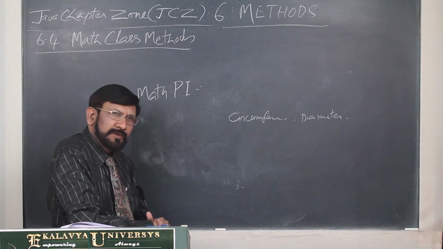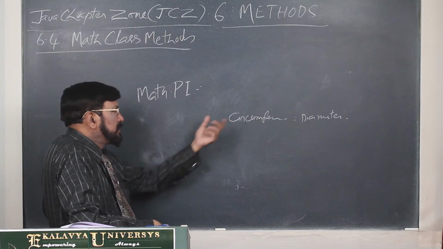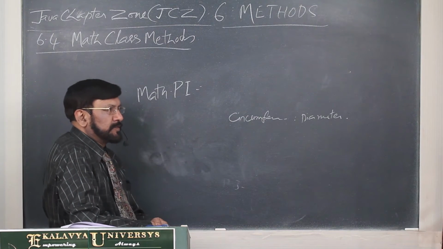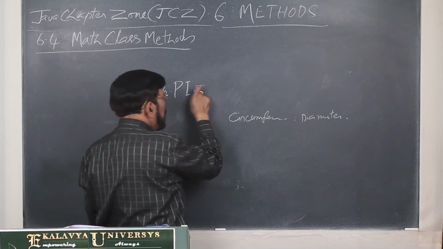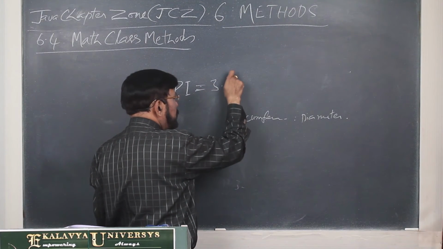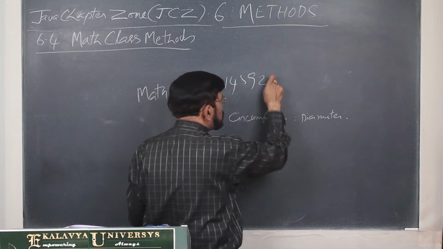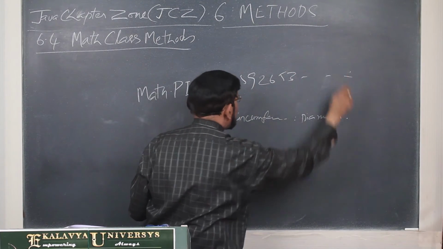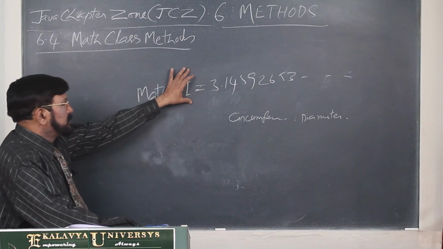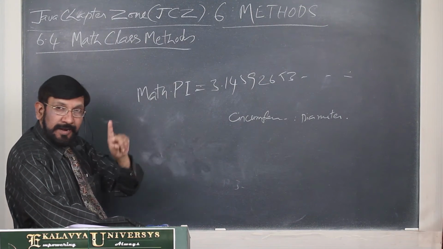When you are working with circles and cylinders, you use the pi constant, and its value is 3.14159265, etc. This is a static variable.